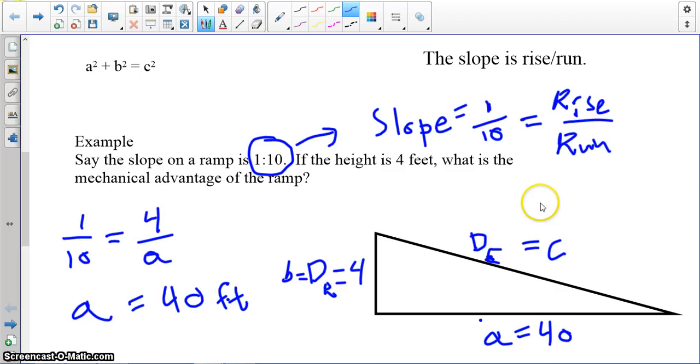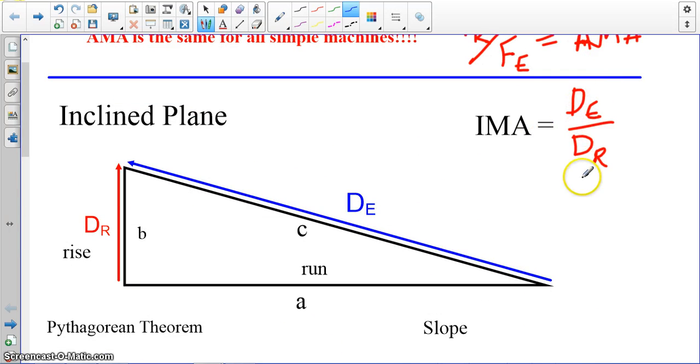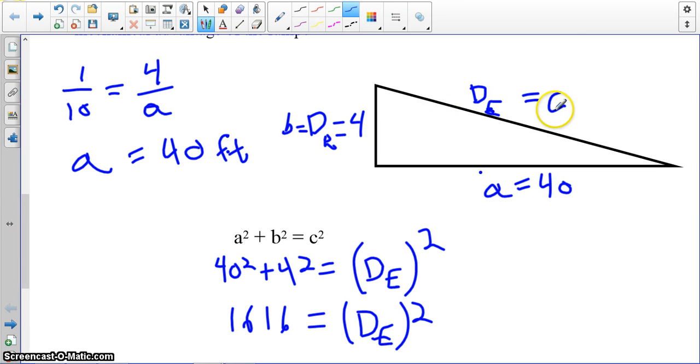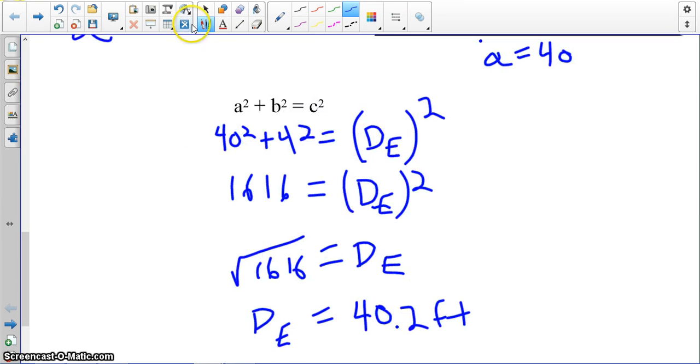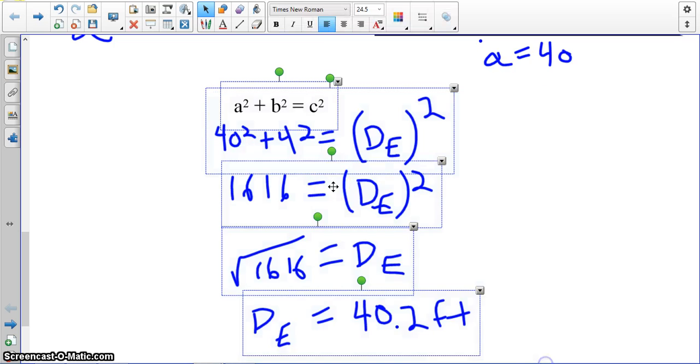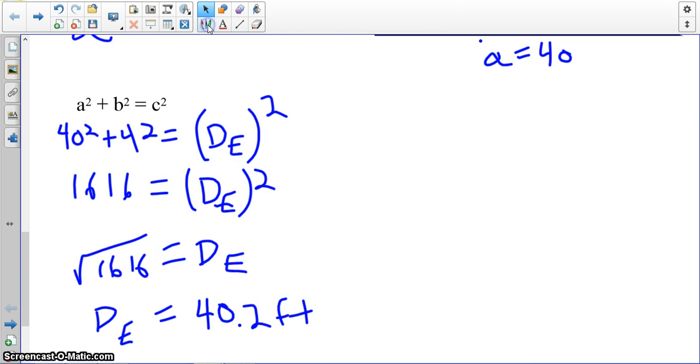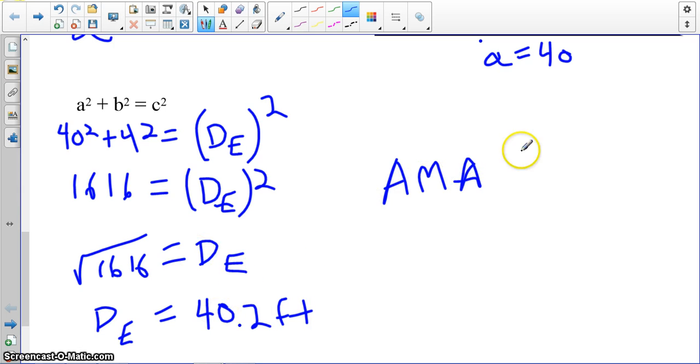Okay? So finally, we use slope, use Pythagorean theorem. Finally, we can go formula DE over DR. So DE is the 40.2, DR is the 4. So AMA, when you're doing distances, it's AMA. Whoa, no, I'm totally, alright, I'll just pretend that didn't happen.